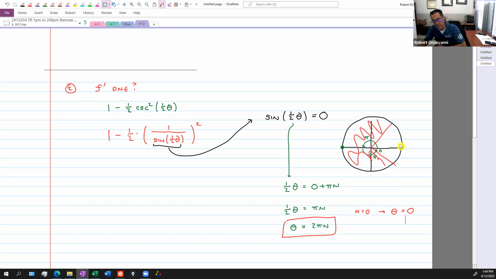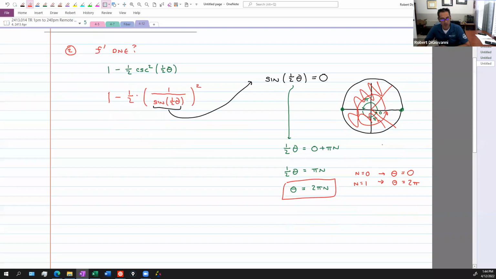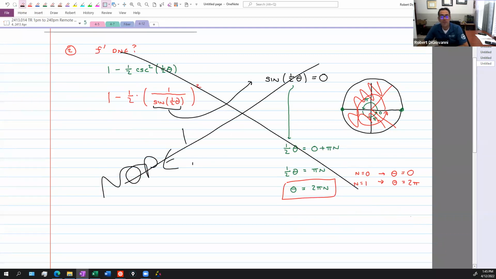Would that work or no? Is theta equals 0 in here? No, right? Theta equals 0 is over here. If I let n be 1, theta is 2 pi times 1, which is just 2 pi. And now you've gone too far. You've gone all the way around back to here. You're outside of that interval. Which means, nope. No critical numbers from this.